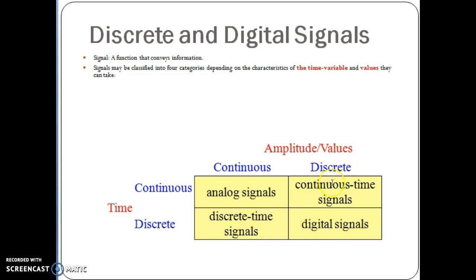And if the amplitude is discrete and it is discrete in time, then we call it a digital signal. This is an easy way to differentiate an analog signal, a continuous time signal, a discrete time signal and a digital signal. If you know this diagram, then you can easily identify the differences.